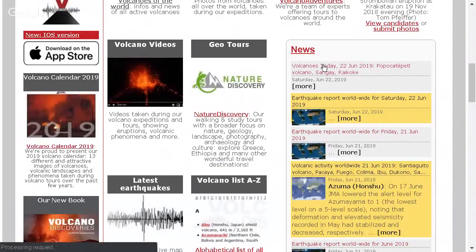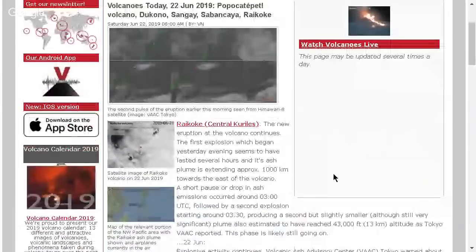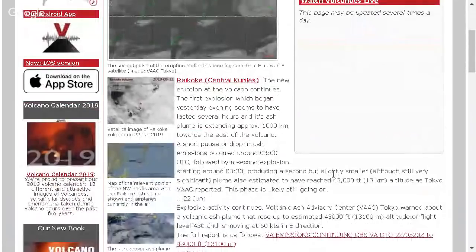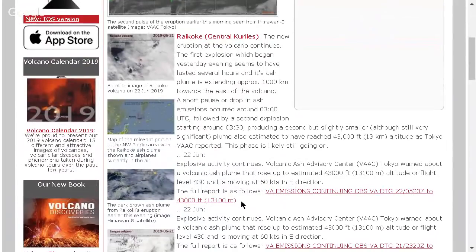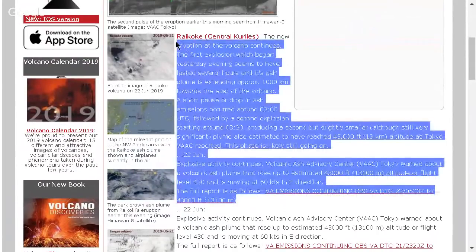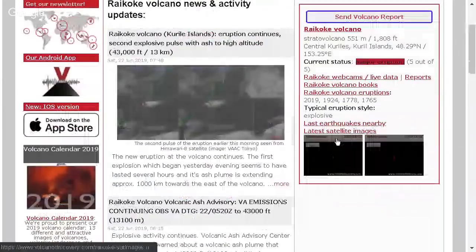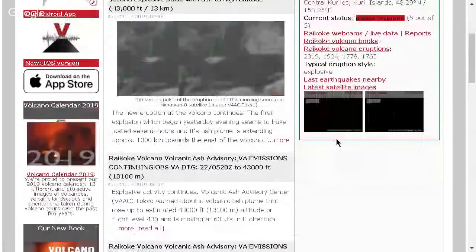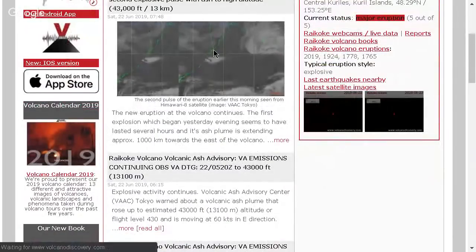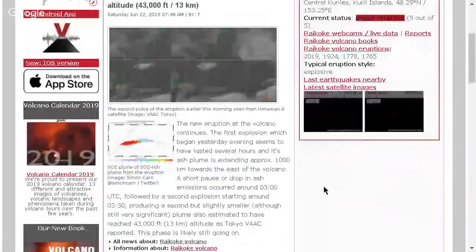Volcano rundown. How about Raikoke in the Kuril Islands? Check it out, a 43,000 foot plume. That's a brand new one on the list. What's up with that? New location. Satellite images, folks. Check it out.